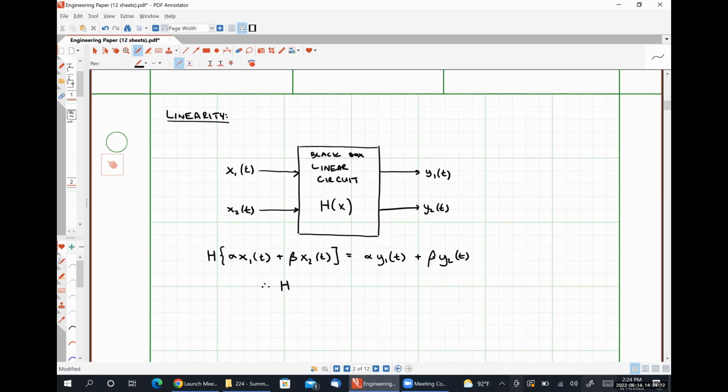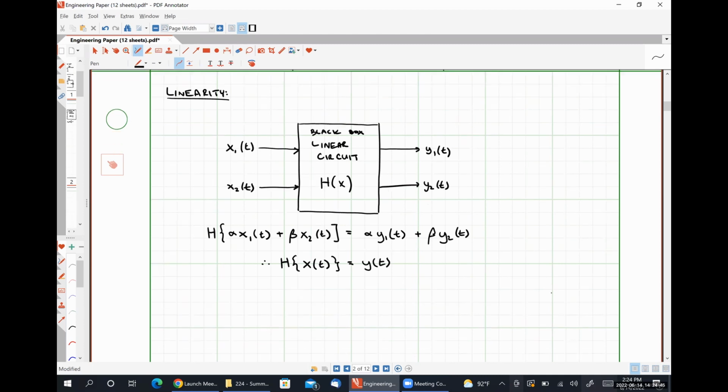Another way that we can think about it is my system is acting on an input signal x of t, which is simply decomposed into alpha, some scaling factor, times x1 of t, plus beta, a different scaling factor, times x2 of t, and generates a result y of t, which is simply the combination of alpha y1 of t plus beta y2 of t.